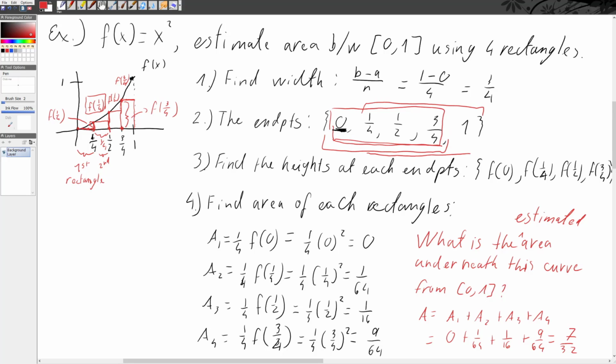But everything else stays the same. You are just finding the area of rectangles. You are finding the width times the height. In this case, the height is given by the function evaluated at the endpoints.